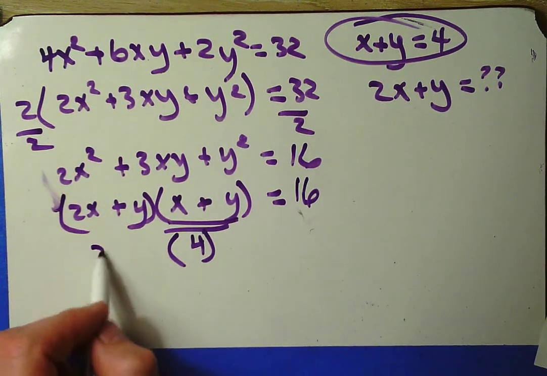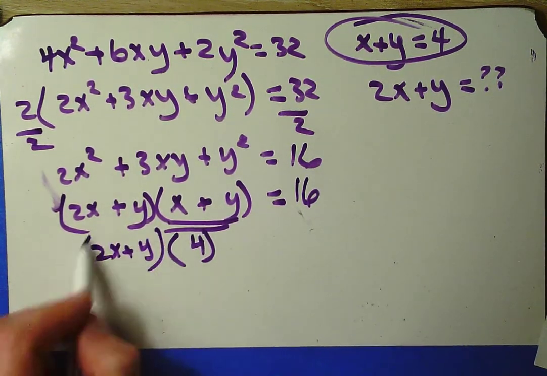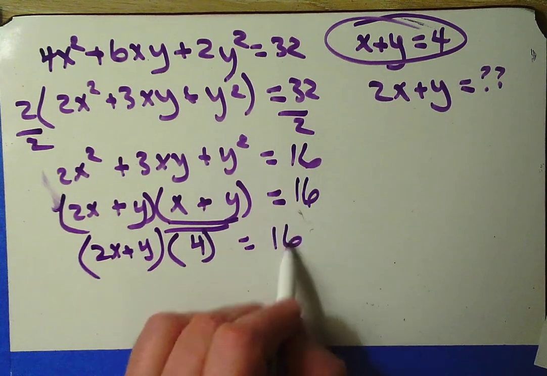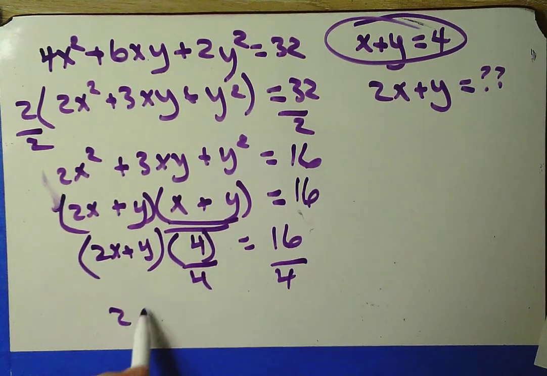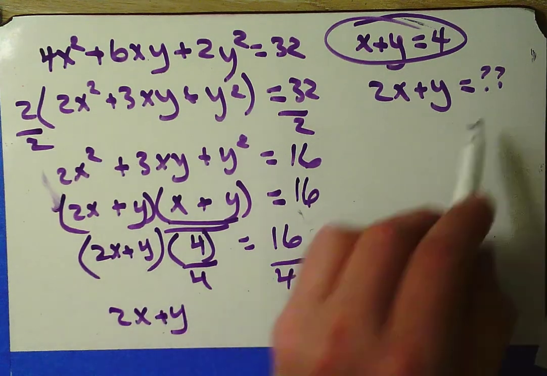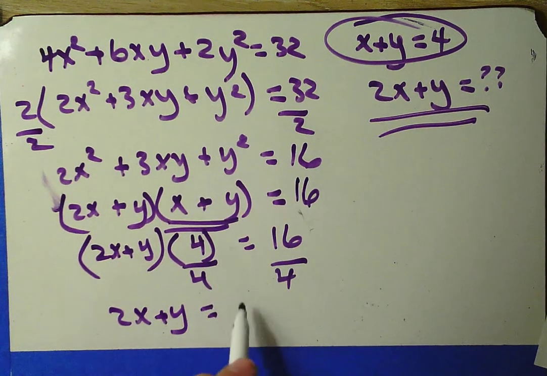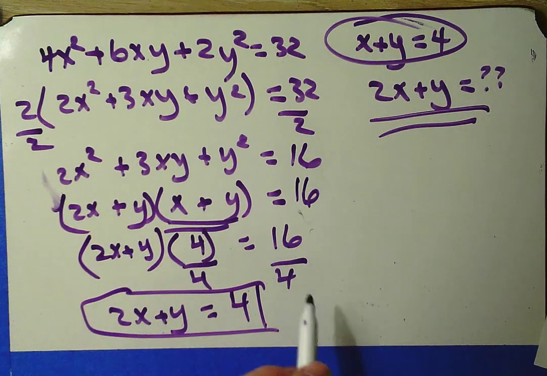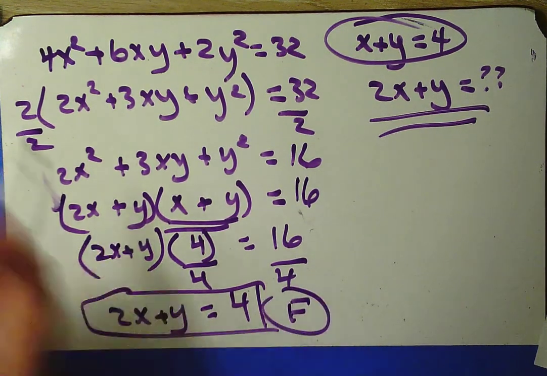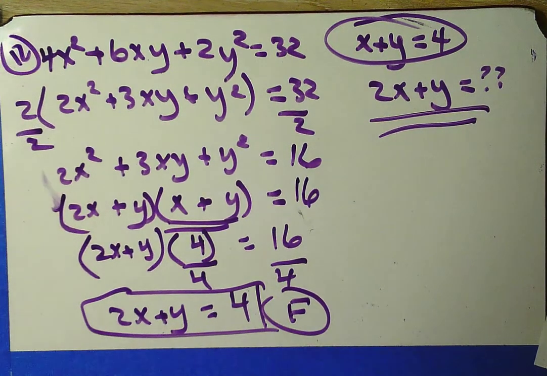And that's going to give me 2x plus y times 4 equals 16. If I divide both sides by 4, I get that 2x plus y, the thing they asked me about originally, is equal to 4. And that corresponds to choice F for problem number 12.